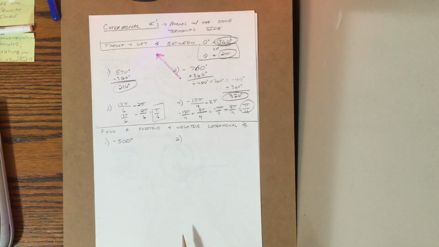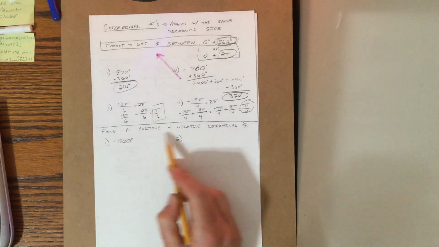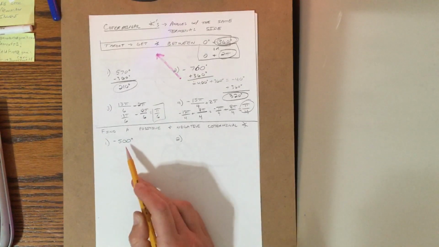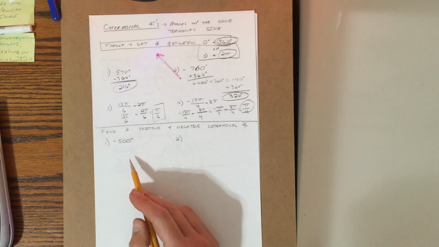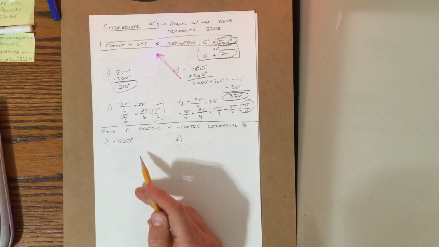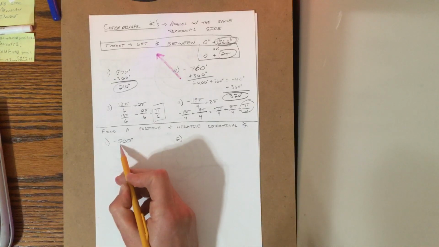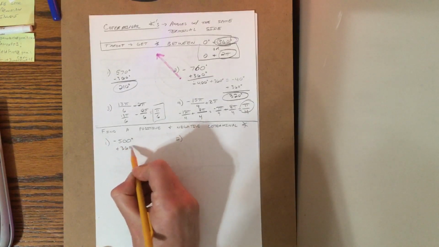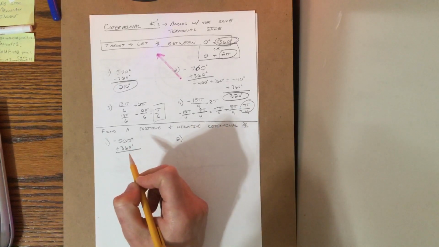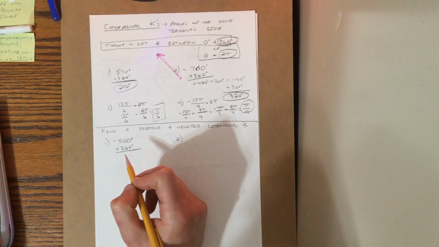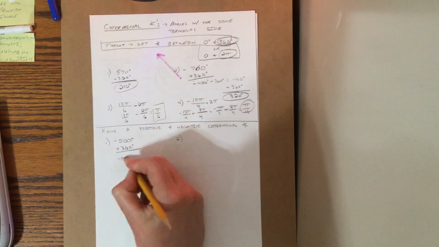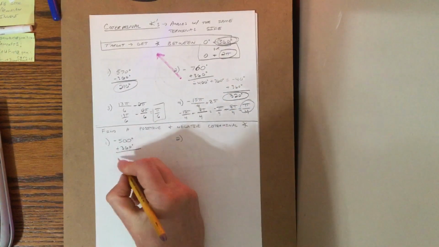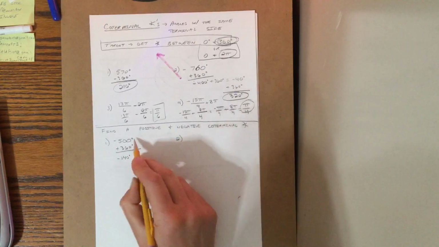Now, some questions will ask you to find a positive and negative coterminal angle with the angle that's given. All right, basically you're just going to add and subtract 360 to make that happen. So like with this one, for a positive coterminal angle, what we would need to do is add 360. All right, so negative 500 plus 360 gives us negative 140. Well, negative 140, we could use that as the negative coterminal angle with the given angle.